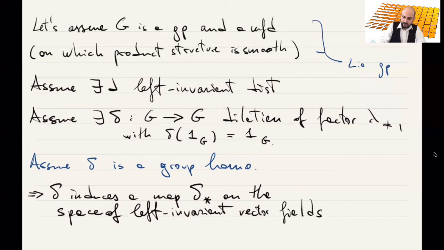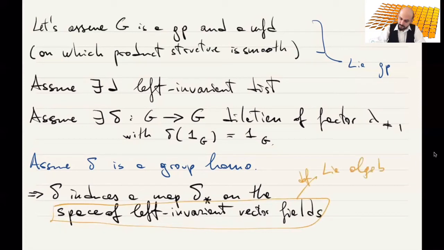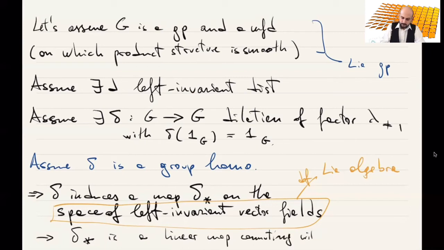The space of left invariant vector fields is by definition called the Lie algebra of the Lie group G. This map is in particular linear, and it commutes with the bracket of vector fields. In other words, this is a Lie algebra automorphism.